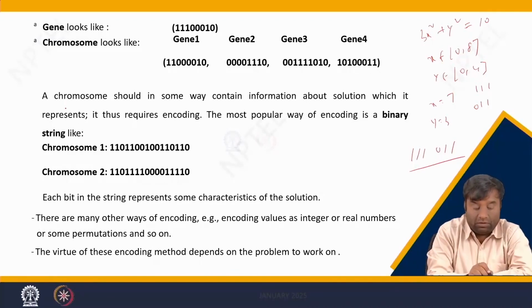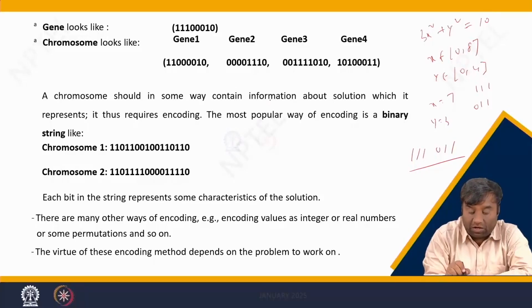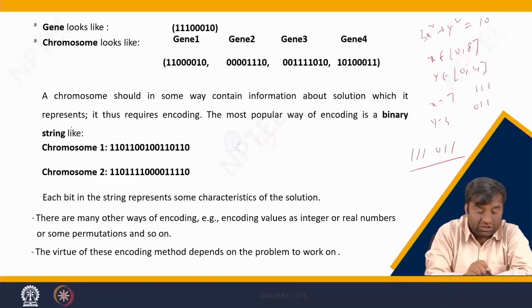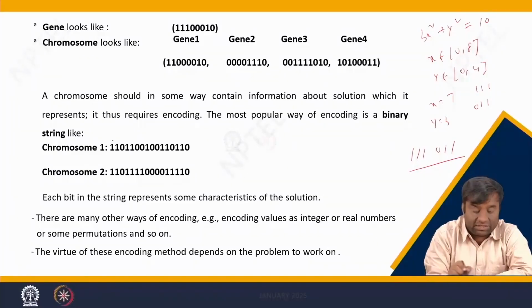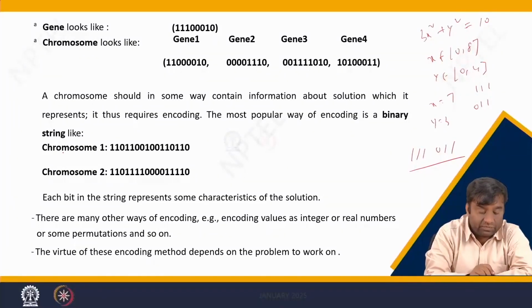A chromosome should in some way contain information about the solution it represents. This requires encoding. The most popular way of encoding is the binary string, like chromosome 1. It may have 2 variables, maybe 3 variables. Suppose it has 3 variables: this is variable 1, this is variable 2 and this part is variable 3.